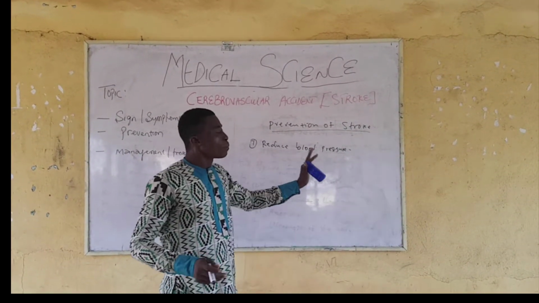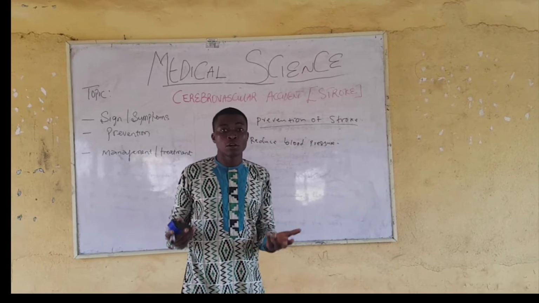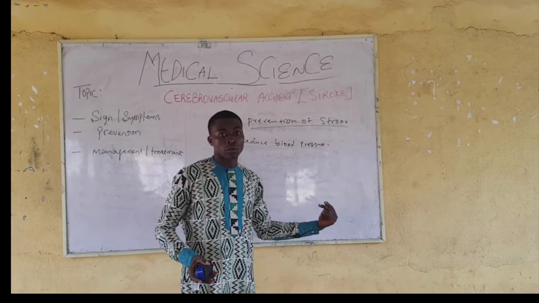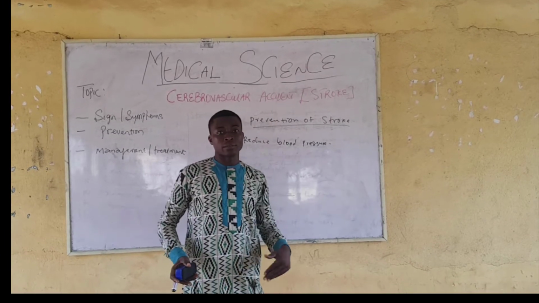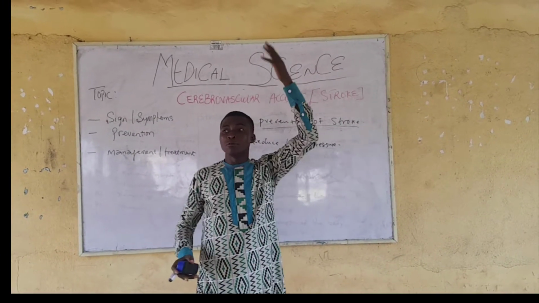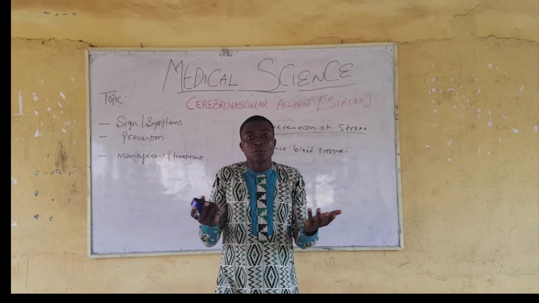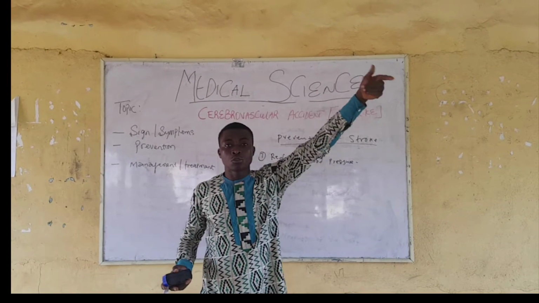To reduce blood pressure, as I have been explaining, you should always visit hospitals and clinics for doctors and nurses to monitor your blood pressure. If it is above the normal range, above 140/90 millimeters of mercury, they will give you a drug to reduce it, or some physiotherapy to manage the blood pressure, so that it will not lead to stroke.